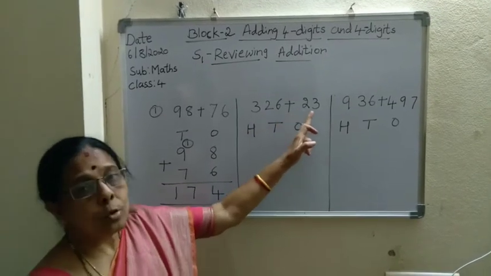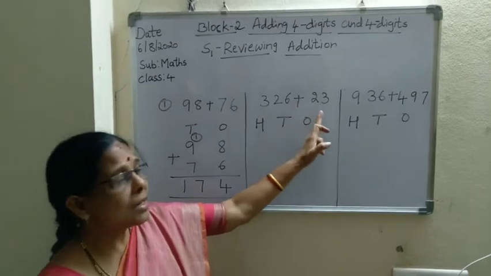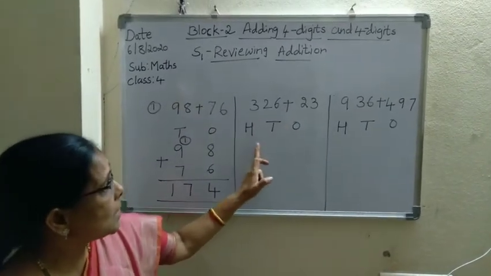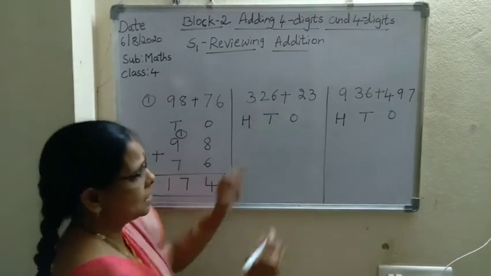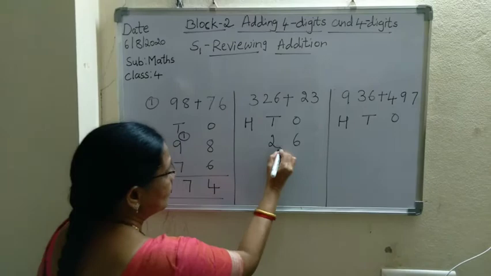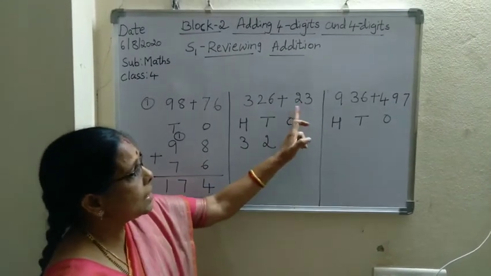326 plus 23. The first number has 3 digits. The second number has 2 digits. So the first number we will arrange in the places. 6 is in which place? Ones place. 2 is in the tens place. 3 is in the hundreds place. Now here 23 is there.